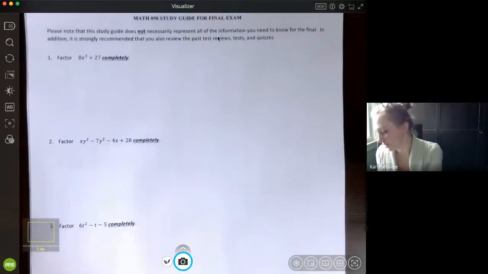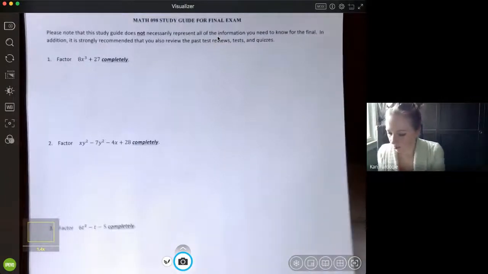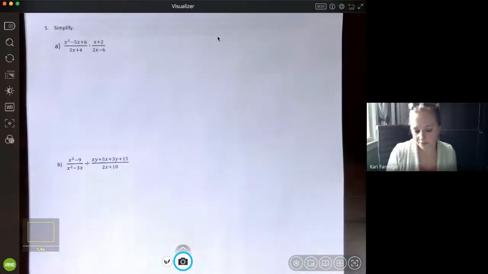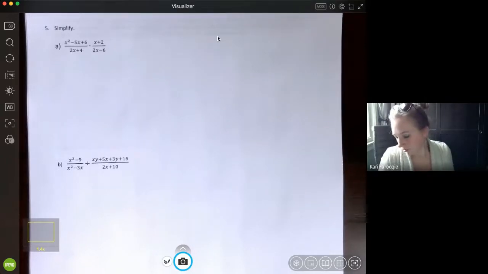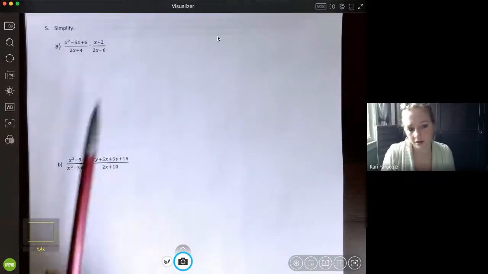So Catherine was asking about some examples of problems from chapter 7, which was test 2. Now, in chapter 7 we did a lot of work with rational expressions, functions, and equations. We were doing multiplying, dividing.